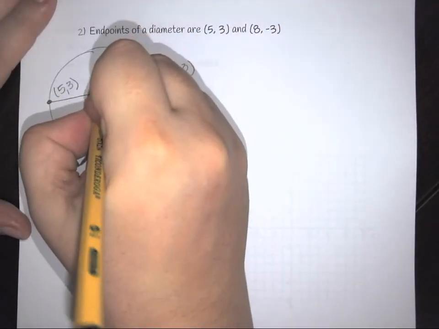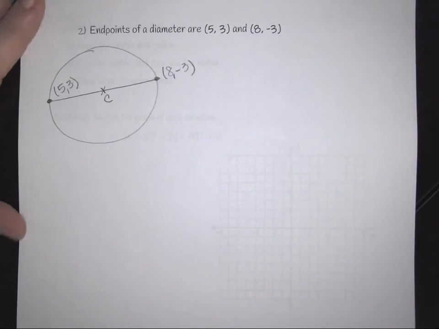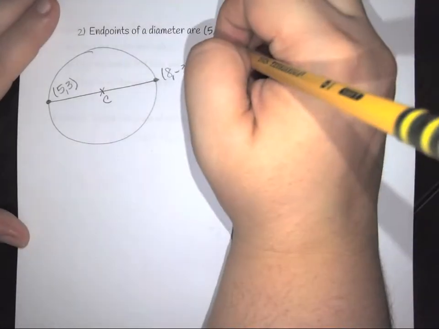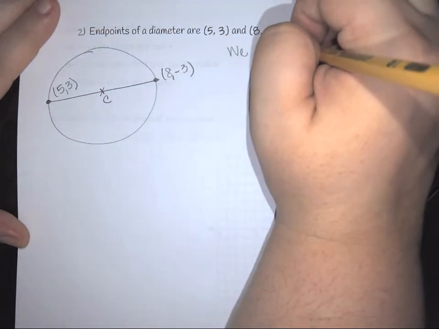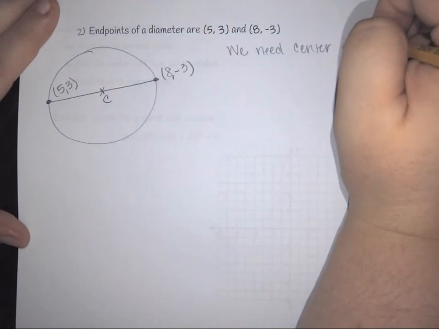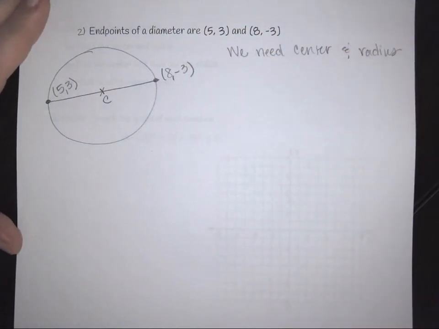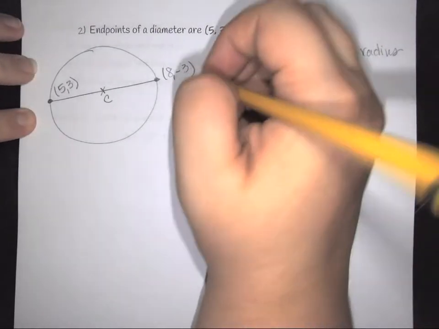The part that's missing is your center and obviously your radius. So we need a center and a radius. Well, we don't have either, but we do have the endpoints to a diameter.